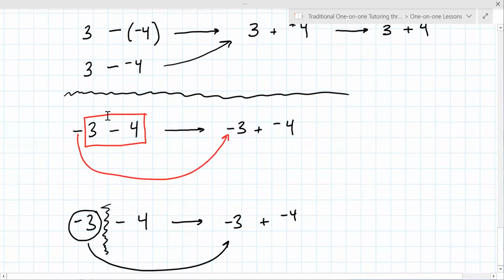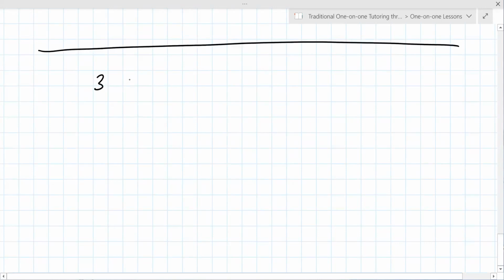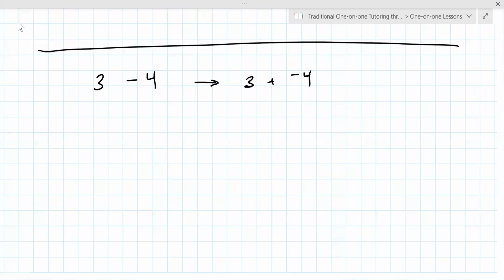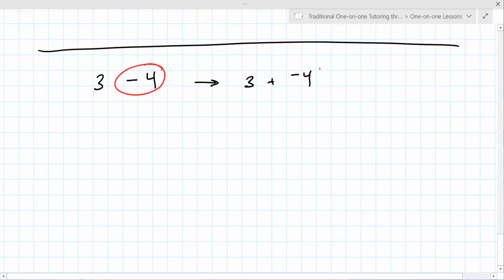I've got too much going on. Let me try this one more time here. 3 minus 4 becomes 3 plus -4. Let me circle this so that it's clear. This right here is what changes to this right here. Do you see that?